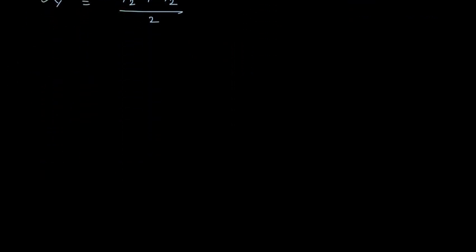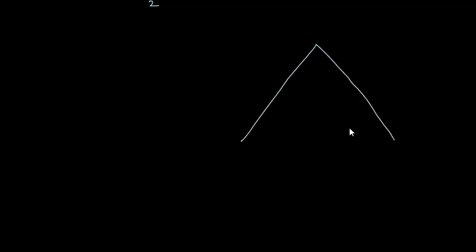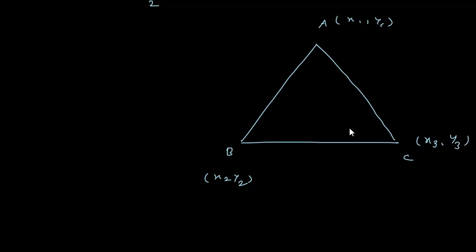Now one more formula we will discuss, that is called centroid formula. So what is centroid? So in case of a triangle, say this is a triangle ABC with coordinates, say here x1 y1, here x2 y2, here x3 y3, and say G is the centroid.